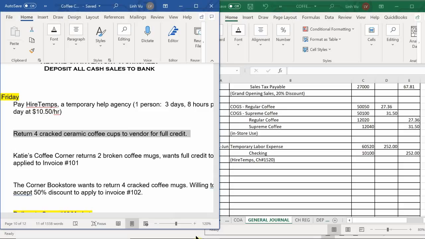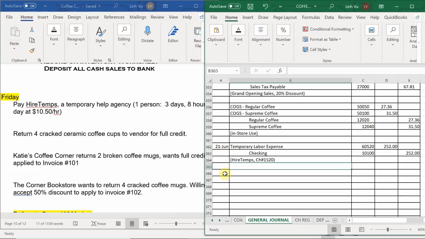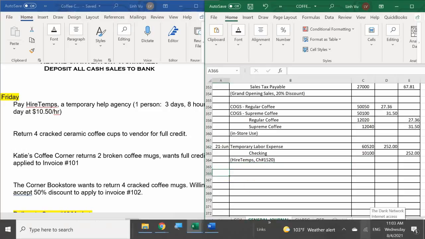Yes. We found 4 cracked coffee mugs, and we are demanding a full refund.